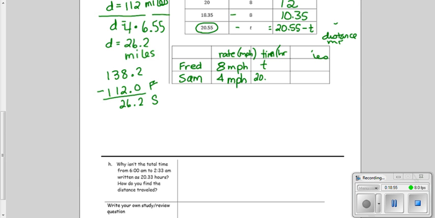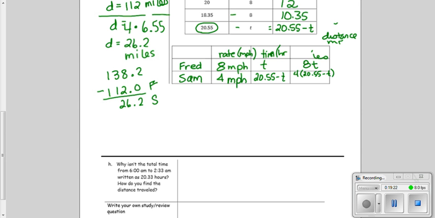So 20.55, take away t. Then the distance in miles. Fred's distance was 8t, and Sam's distance was 4 times the quantity 20.55 minus t.